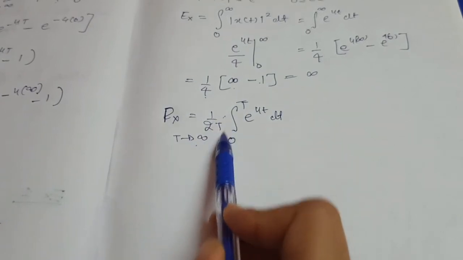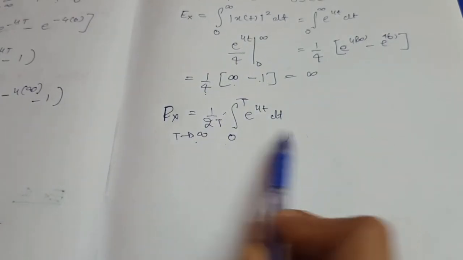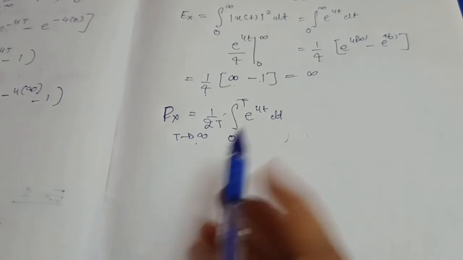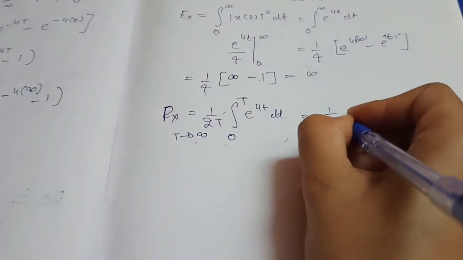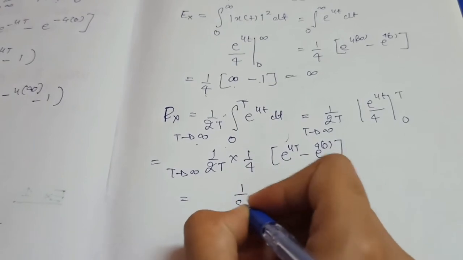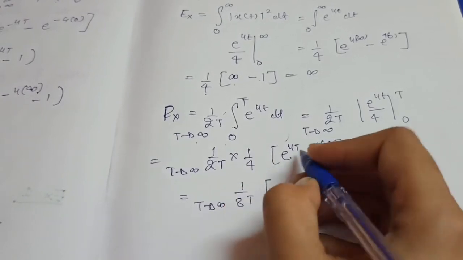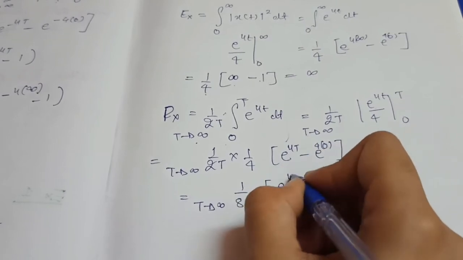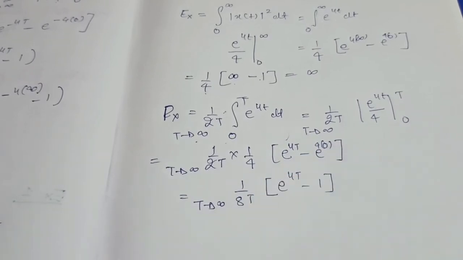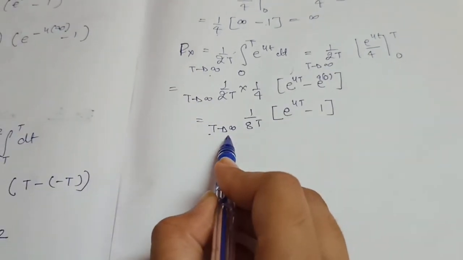So first of all, let's integrate this term and then substitute infinity for t. Now 1 upon 8t, t approaches infinity, and this term e raised to 4t minus 1. Now let's substitute the value of t, right?